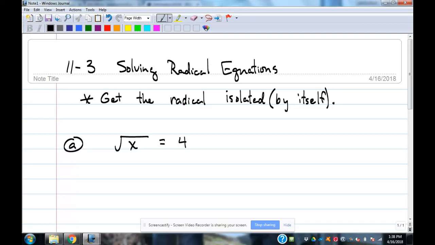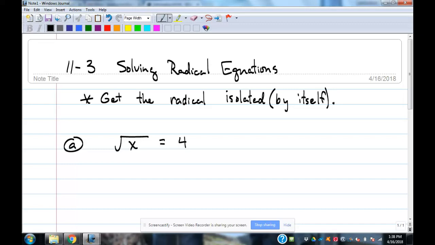So what's the opposite of a square root? What's the opposite of squaring something? To get rid of x squared, what do we do? Take the square root. So the opposite of a square root would be squaring. Okay? They're inverses of each other.